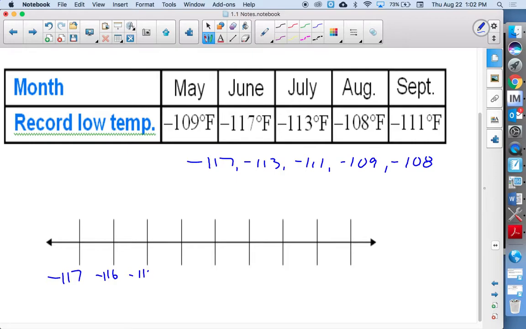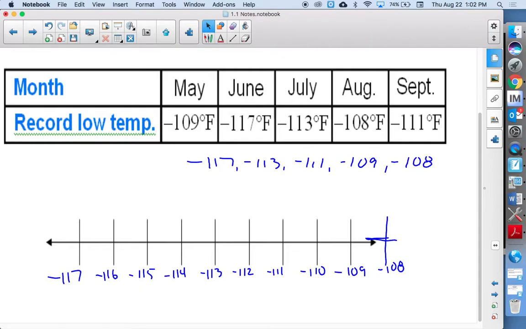Negative 115, negative 114, negative 113, negative 112, negative 111, negative 110, negative 109. We'll call that last one negative 108.